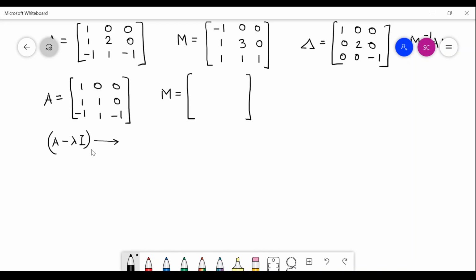So while figuring out the eigenvector, it basically means to find out the basis of the null space of this matrix.